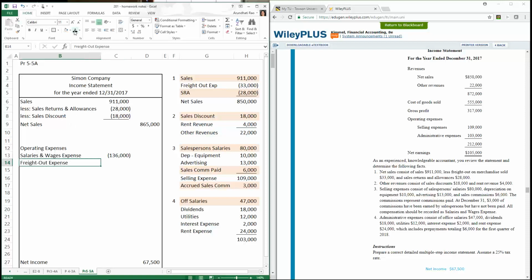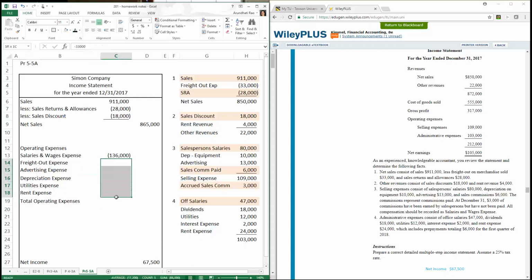So I have my freight out expense, I have advertising expense, depreciation expense, utilities, rent, and my total expenses over here. Okay. So all of these put together, I'm just carrying the numbers over from here.